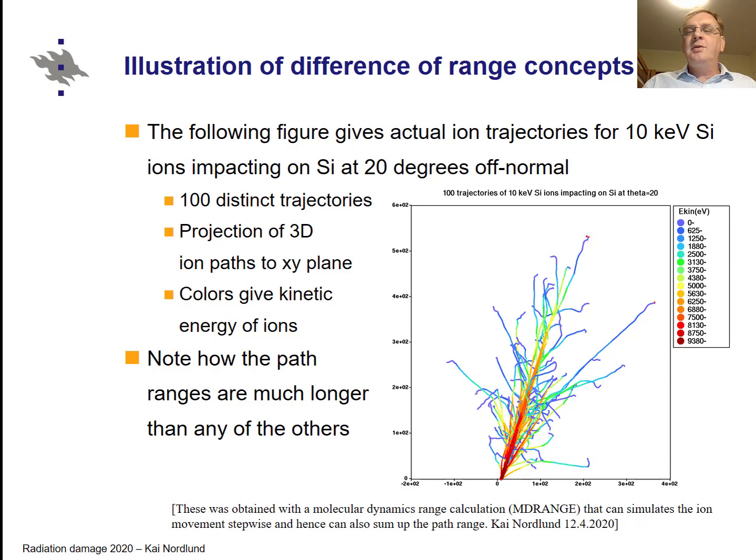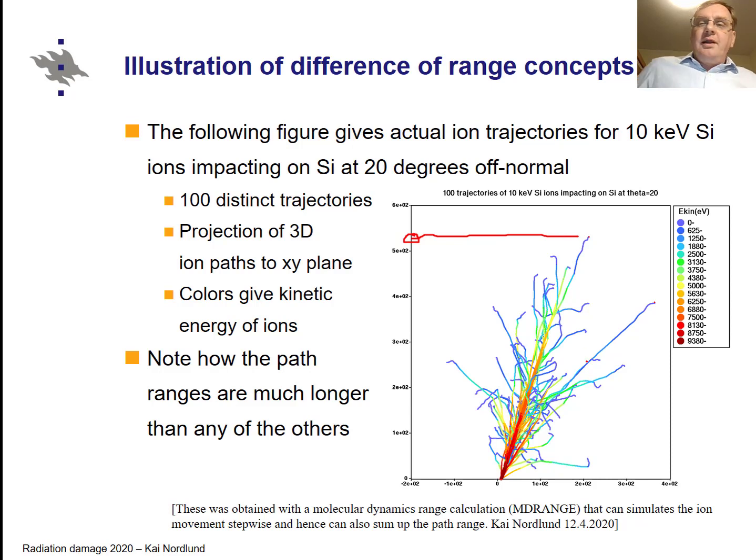If you take this final position and look towards the left to the x-axis, straight, now I couldn't draw it straight, but it should be straight, this here would be the ion depth range or ion penetration depth. And then if you take the final position and project it on this initial vector, then you would get the projected range.